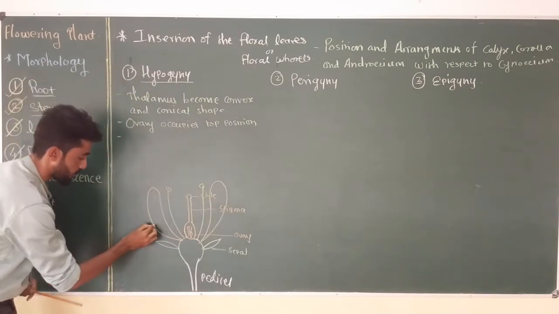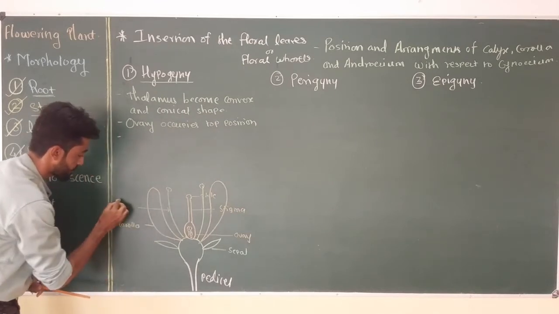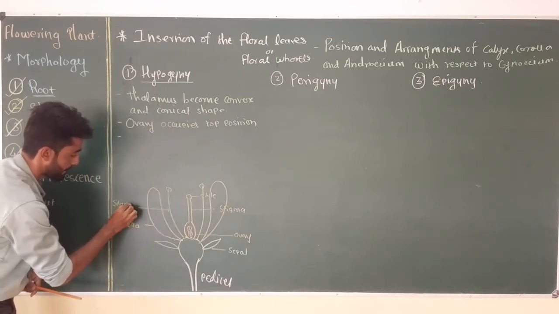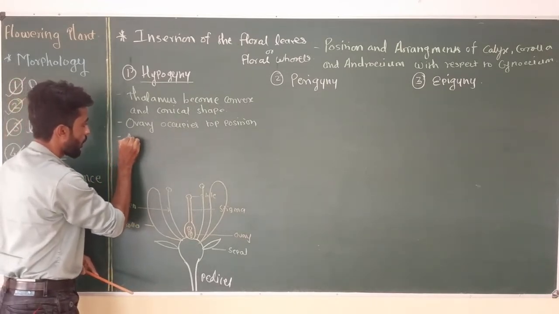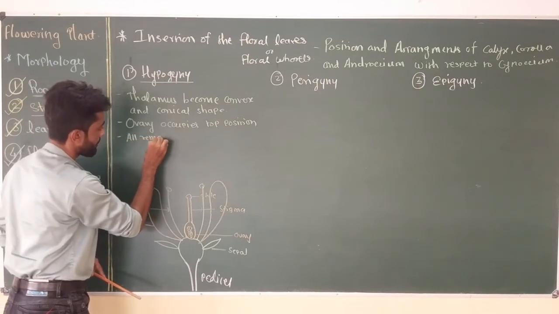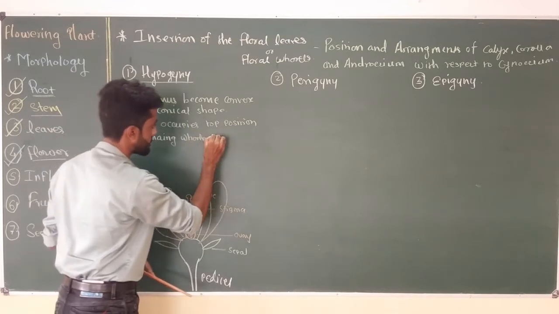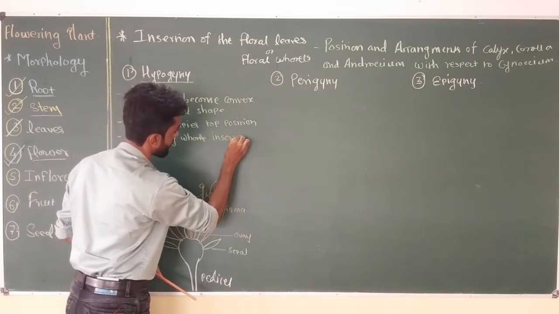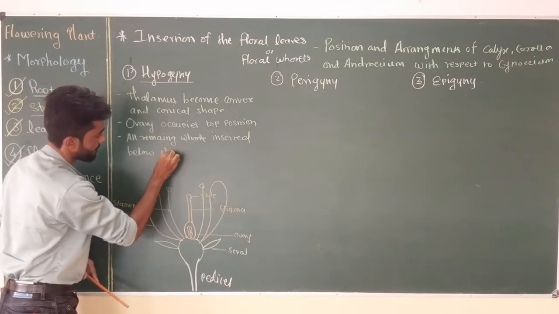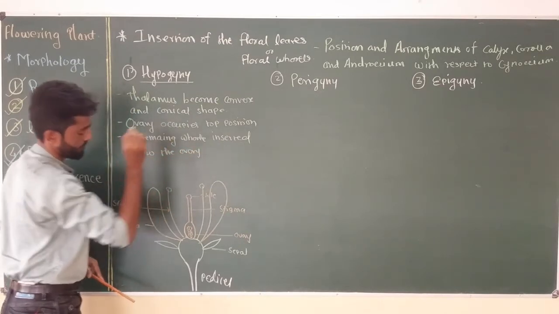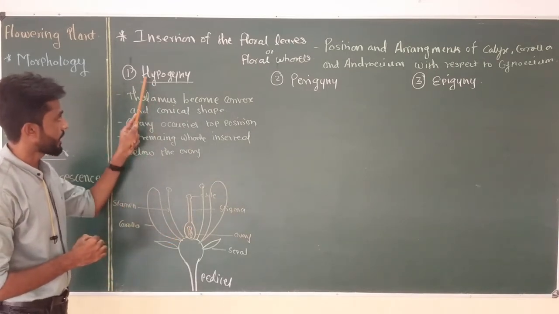Okay, so this is corolla and stamen. Okay, so we can write all remaining whorls inserted below the ovary. Okay, so such type of arrangement of the whorls is present in hypogyny.